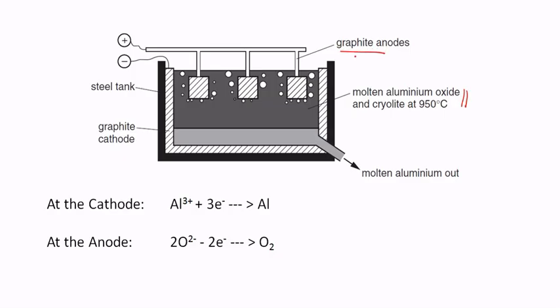We have the graphite anodes, that is this and this and this, and the steel tank is also lined with graphite. Right, and this lining is a cathode, and these carbon or these graphite rods are the anodes.